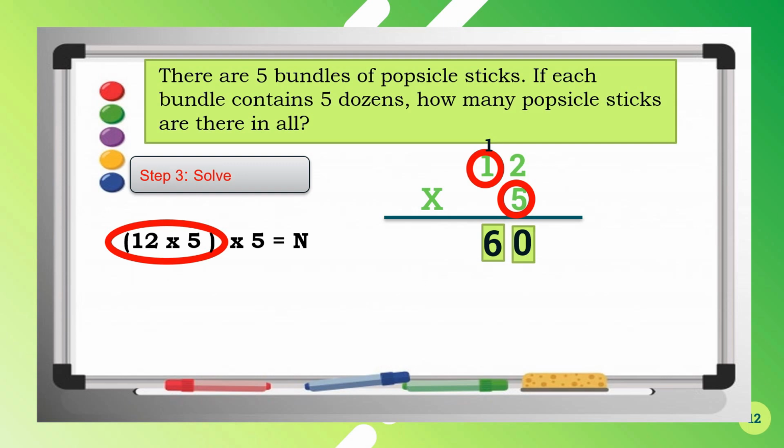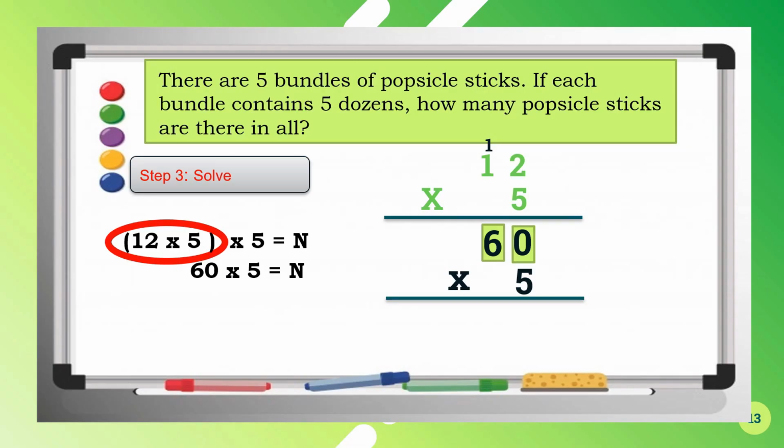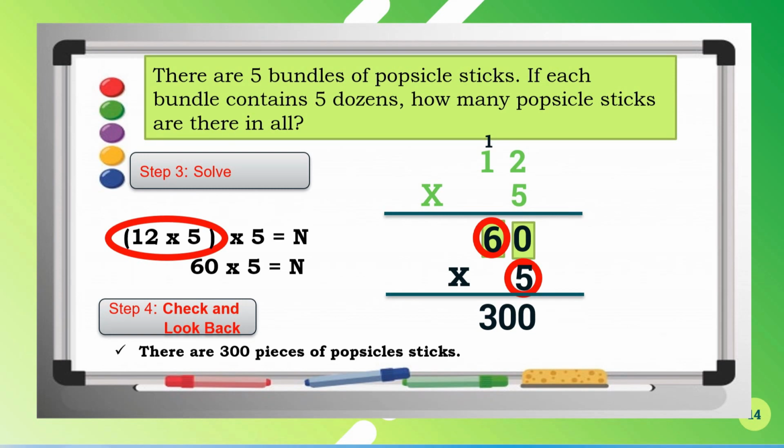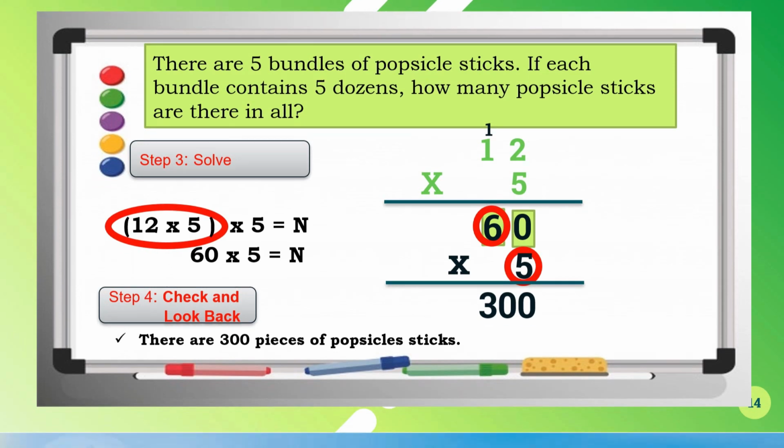Then solve for 60 times 5. So 5 times 0 is 0, and 5 times 6 is 30. Step 4, check and look back. We need to write our answer in complete sentence. So there are 300 pieces of popsicle sticks.